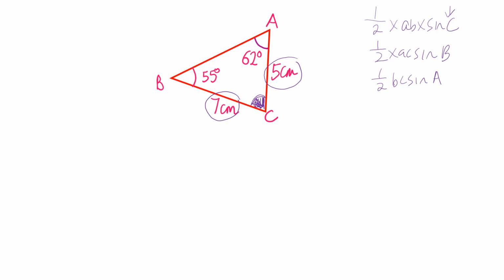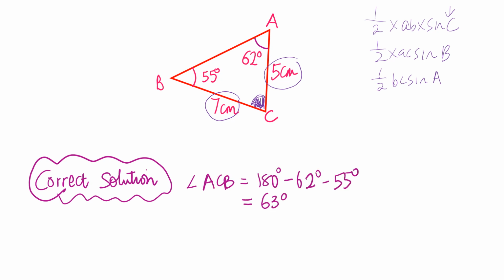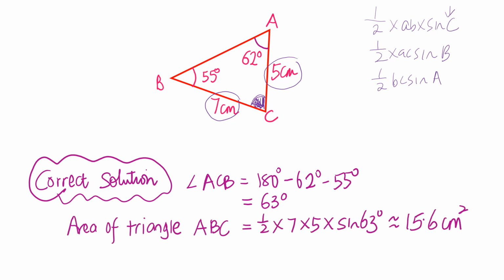Okay, so therefore the correct solution should be, you need to find the angle ACB first, using 180 minus 62 minus 55 to get 63, and then use the formula half times 7 times 5 times sine 63 to get 15.6 centimeters squared. So when you apply this formula, you have to remember that the angle you use has to be the angle in between the two sides given, or called the included angle.